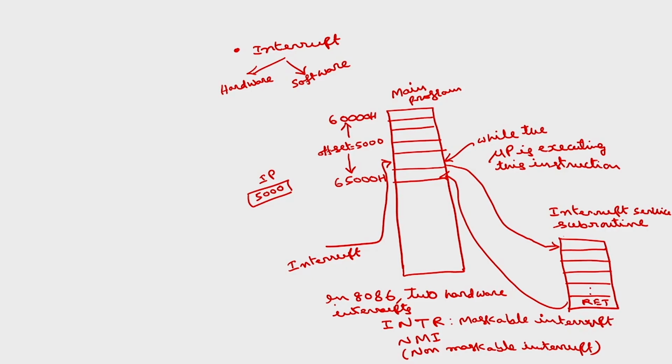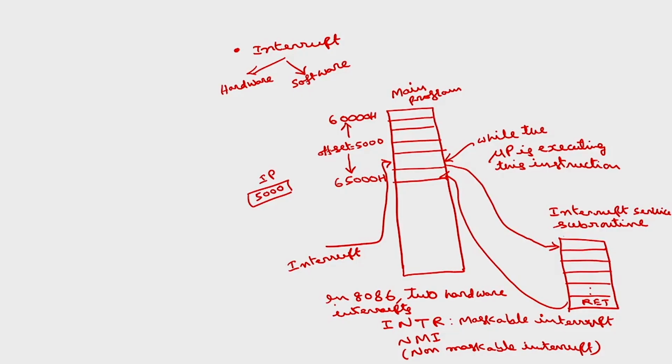So, what is meant by non-maskable and maskable? Non-maskable, as the name implies, cannot be disabled. This can be used to interrupt the microprocessor at any time, whereas INTR can be disabled by the programmer. Suppose the microprocessor is executing some emergency task in the main program itself, at that time it can disable INTR through some program, but NMI cannot be disabled.